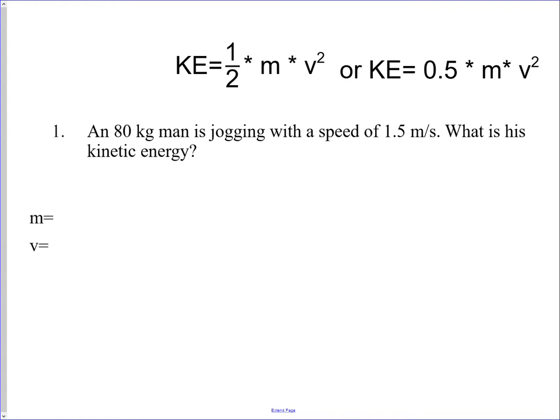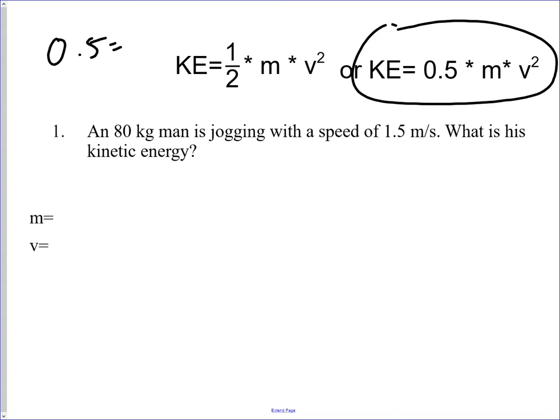So as you can see, I have the kinetic energy formula up here, and I have it written in two ways. It's kinetic energy equals 1/2 times mass times velocity squared, which is the same thing as 0.5 times mass times velocity squared. The reason I have this written is I know sometimes it's tricky to put this into your calculator, and to remember that 0.5 is the same thing as 1/2, right?